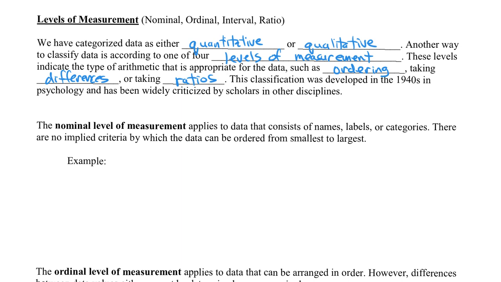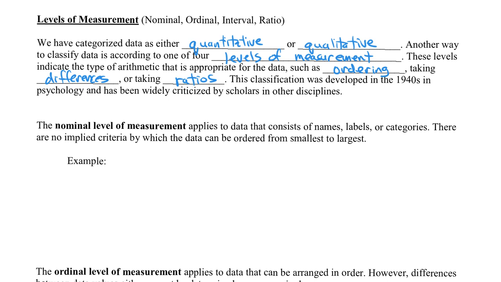So for a while I didn't teach levels of measurement. I stuck with either quantitative or qualitative because it has been just highly criticized. But I do see that it's still used quite a bit. So I think maybe it'd be better if we just covered this anyway.